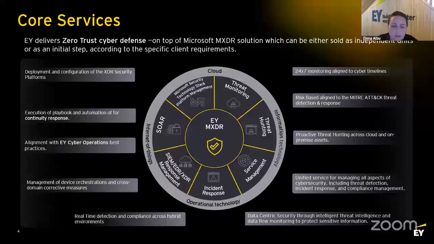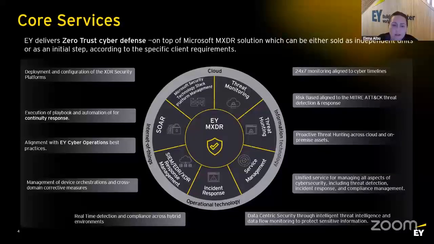In the middle, you can see the MXDR wheel, which goes through the MXDR capabilities. This combines the Microsoft security technology stack with our 24/7 operational expertise. The elements, as you can see, are threat modeling, threat hunting, service management, incident response, SIEM plus XDR response management.